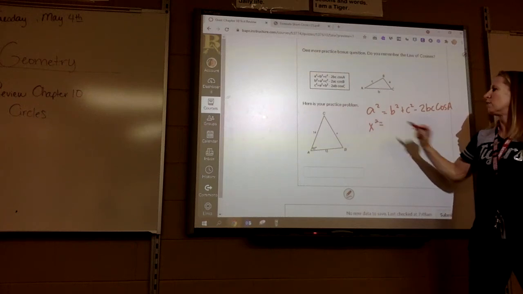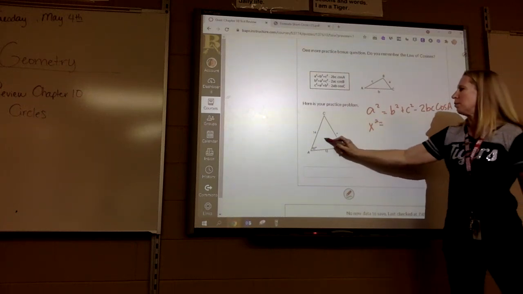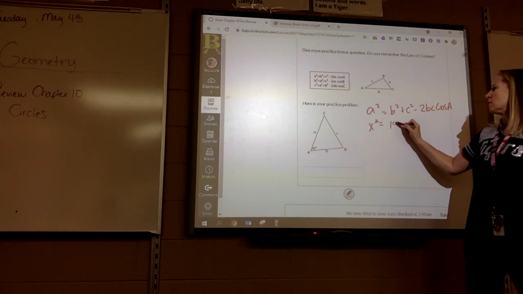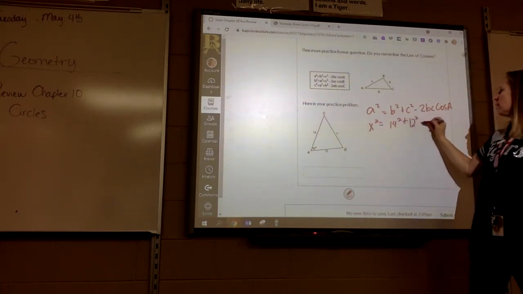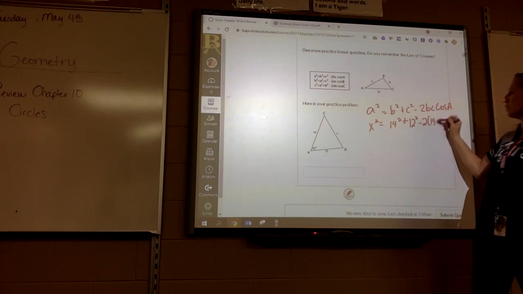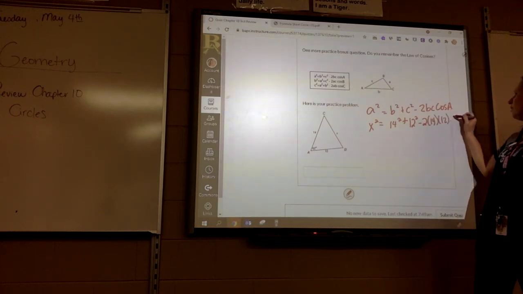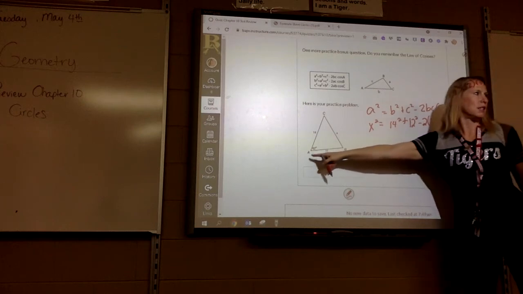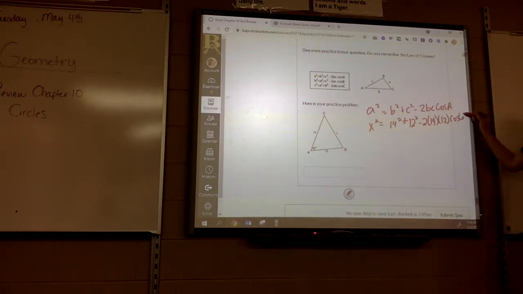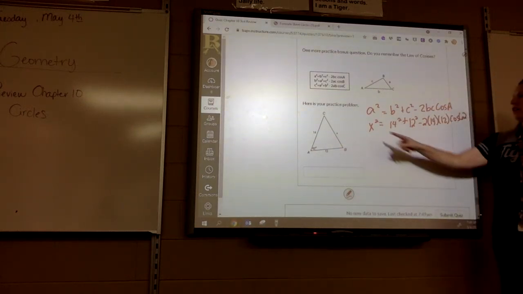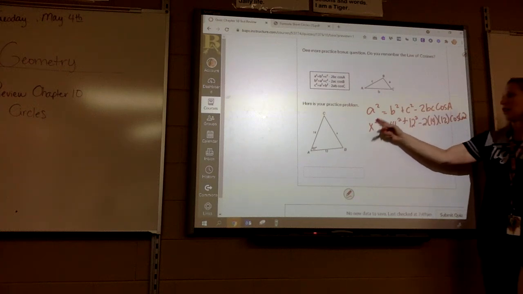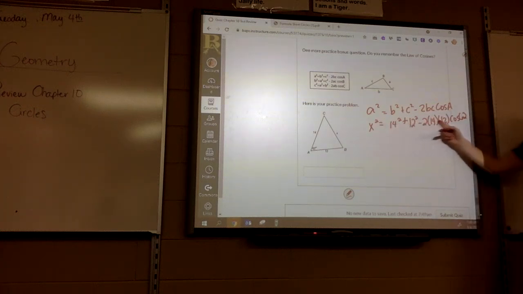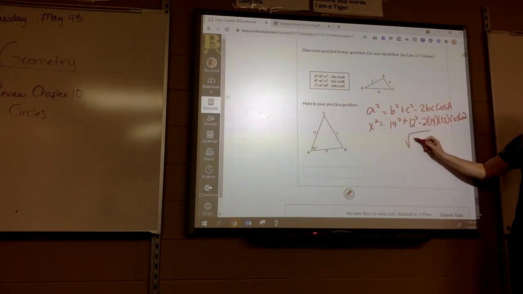X squared equals, what would be b? 14 squared plus 12 squared minus 2 times 14 times 12 cos 62. And then when we want x, remember you're going to have to square root because that's what x squared is. So once you type all that in, square root that answer.